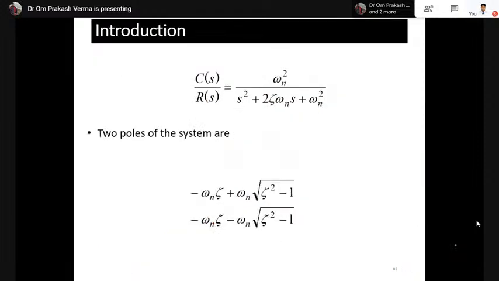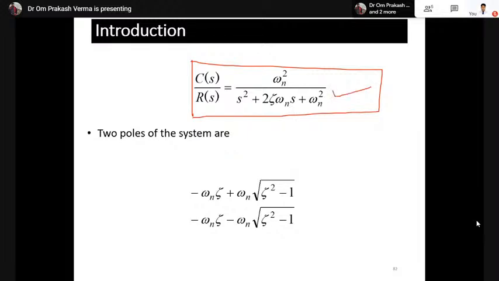Now come to this problem. C(s)/R(s), the transfer function of the second order system, is given by the formula omega n square upon s square plus 2 zeta omega n s plus omega n square. Now, when you talk about the poles of the system, there are two poles, since this is a quadratic equation.